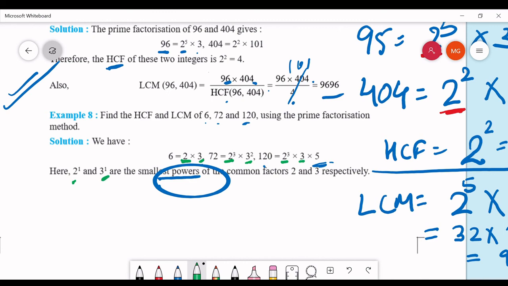The smallest power is 1 for both. So if you multiply 2 to power 1 and 3 to power 1, you get 6. 6 is the HCF of 6, 72 and 120, right?